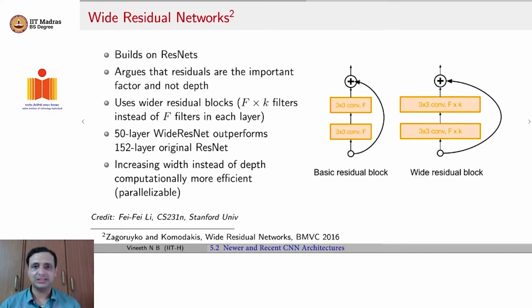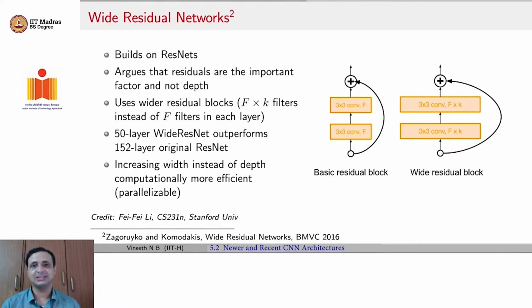A popular variant of ResNets, which is used a lot today, is known as wide ResNets. As the name suggests, it was an improvement of residual nets, but the objective in this design was a hypothesis that residual networks work because of the residual block and not because of increasing the depth.